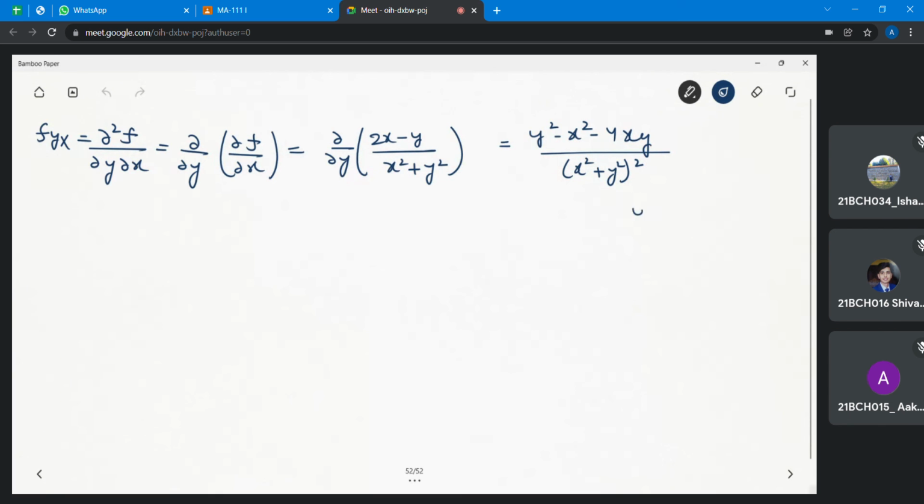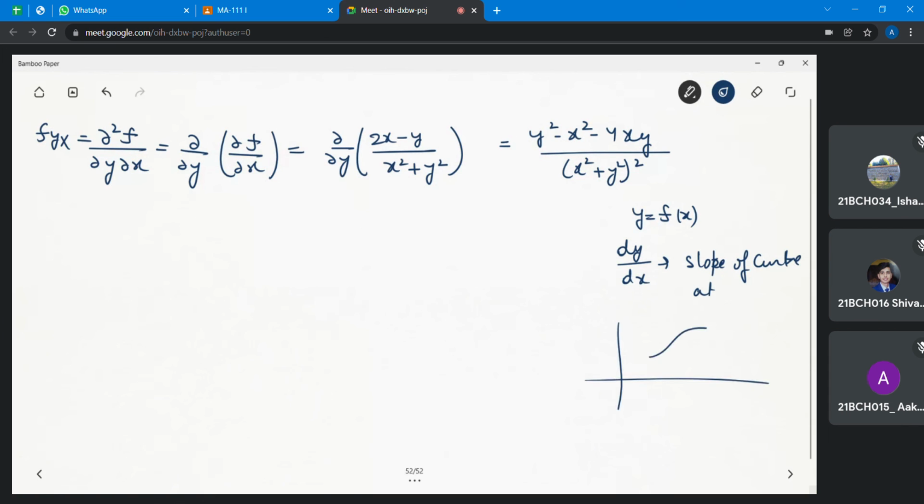Now when you are talking about a function of one variable, y equals f of x, dy over dx represents the slope of the curve at any point P. Let us suppose y equals f of x is any function. This is some point P, this is some point Q, and this distance is the increment delta x.